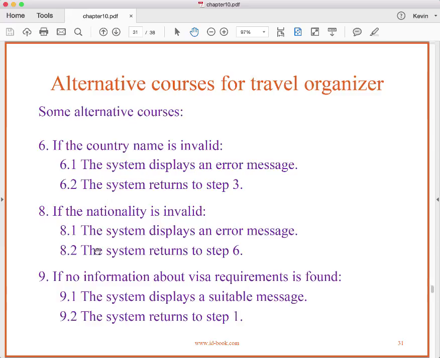Here, on the basis of the numbering they're using, you can tell where they came from. Now, if you take my systems analysis course, for each of the alternative flows, you have to give it a name. You have to explicitly say how it starts. You have to explicitly say how it ends. And it either ends by the use case ending or rejoining the basic flow. But the idea here is that you keep the unusual logic separate from the usual.